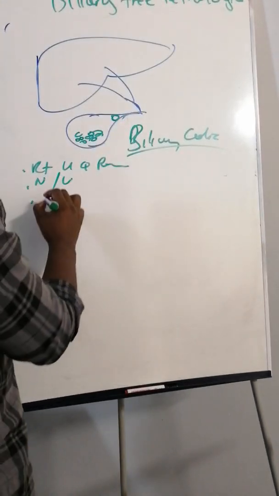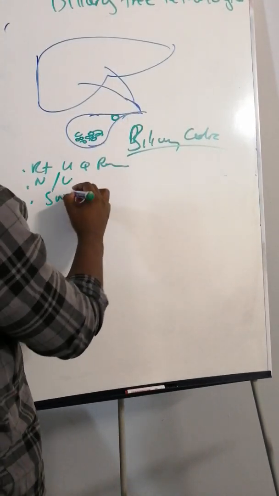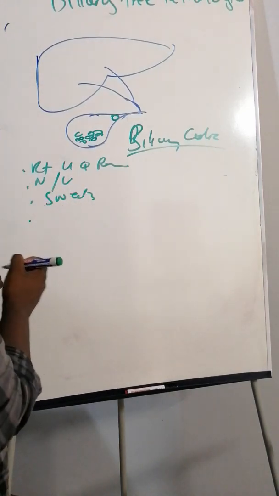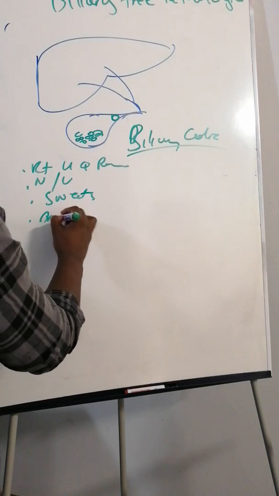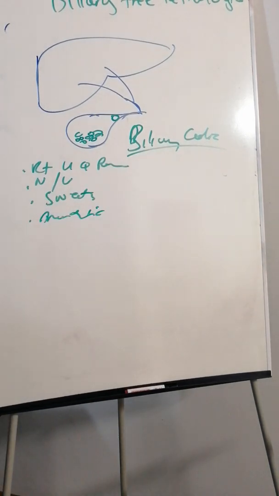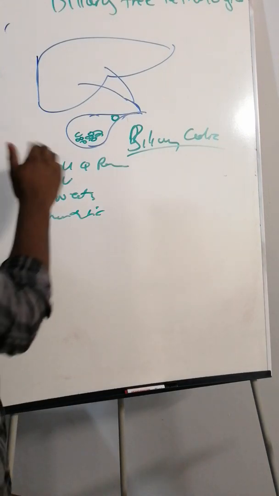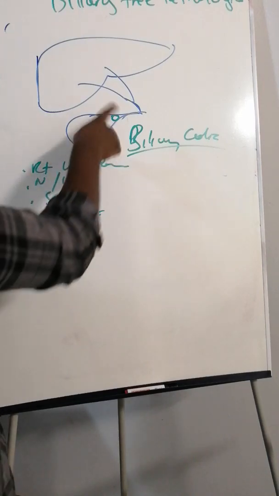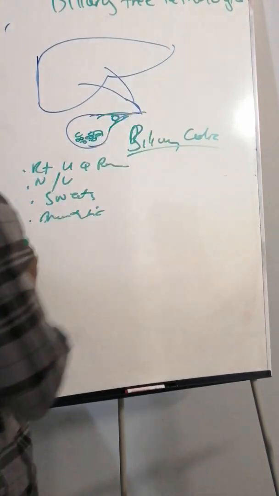They'll start to become sweaty, diaphoresis. They'll just feel unwell, and they might be anorexic, so that's how they will be. It's because of the bladder trying to push. Remember, there's a smooth muscle there.